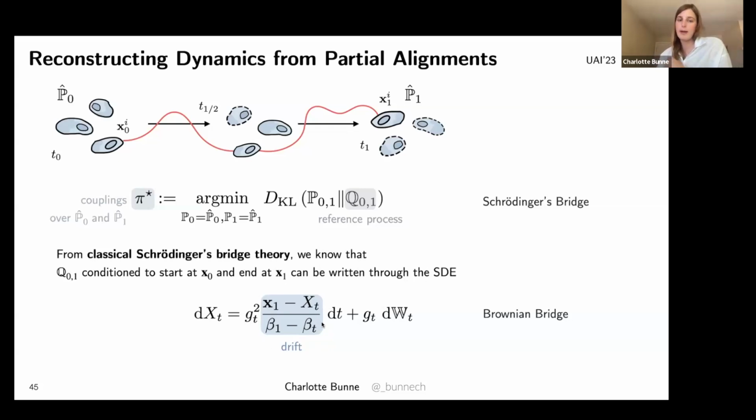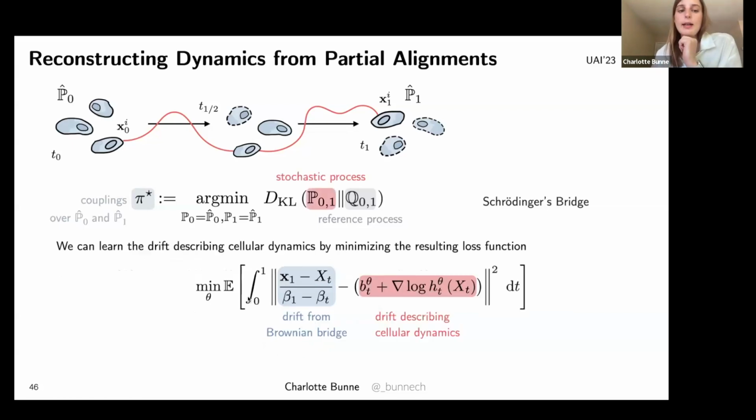So now, instead of parameterizing two neural networks and solving the system via alternate optimization to get good parameterizations of both the forward and the backward policy, I can simply learn this drift that describes my cellular dynamics by regressing it to the drift of my reference process. So what I know about the process given the pairs I have available in my data.